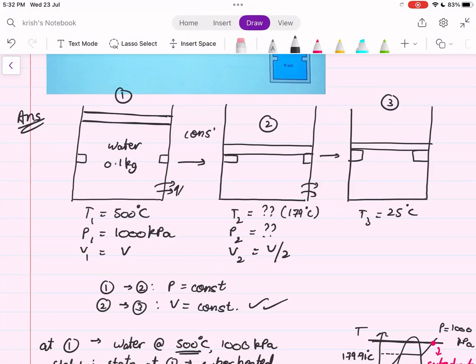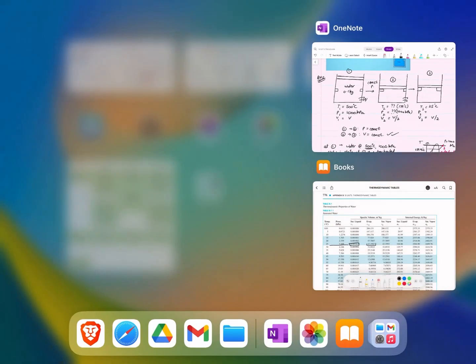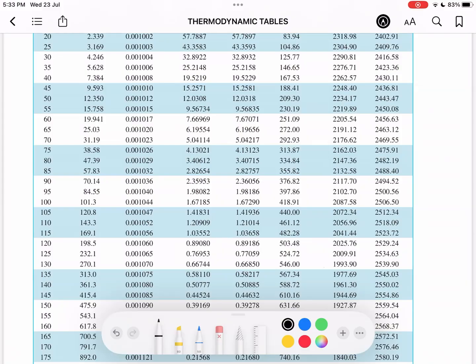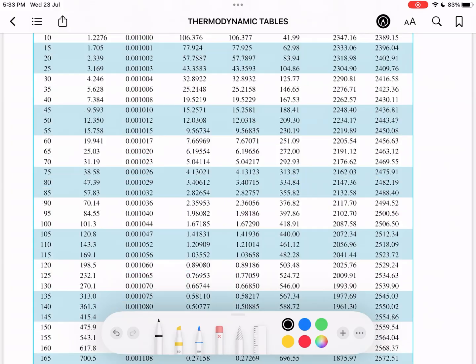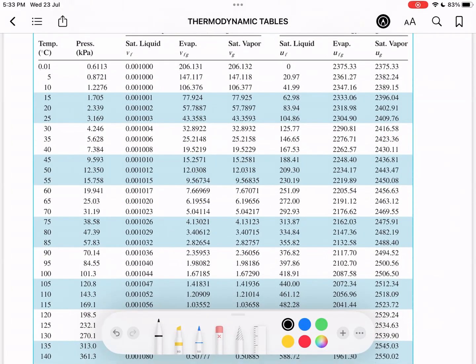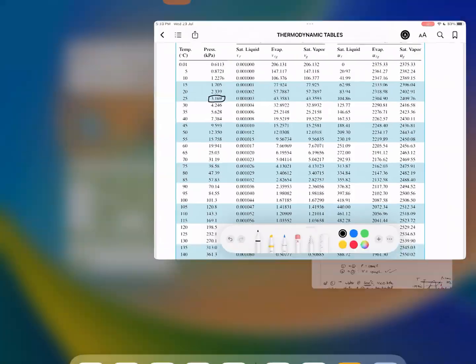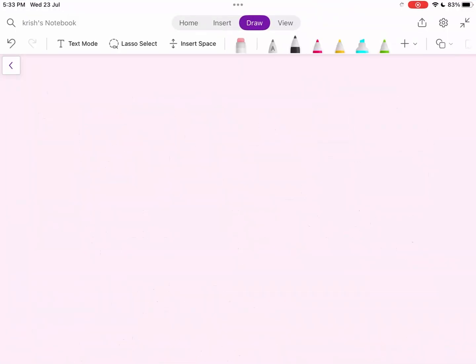Since 1 to 2 is a constant pressure process, the pressure comes to be 1000 kilopascals. V3 is still v2, which we have found below. T3 is 25 degrees Celsius and P3 is the saturation pressure at that temperature, because as we found out, the mixture at 3 is still a saturated mixture. So P3 is 3.169 kilopascals.